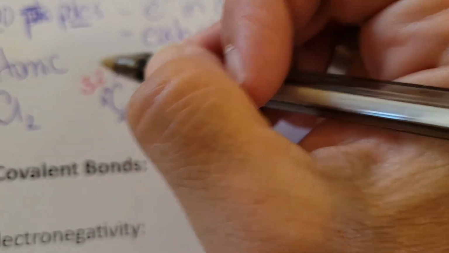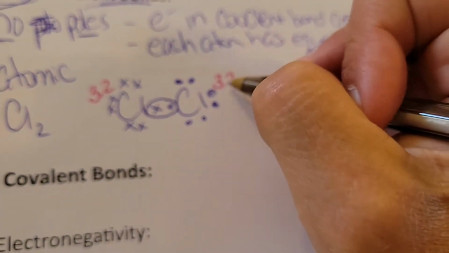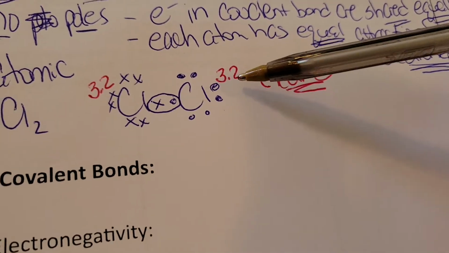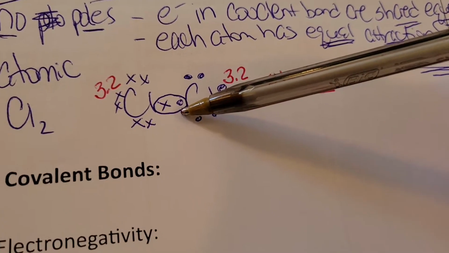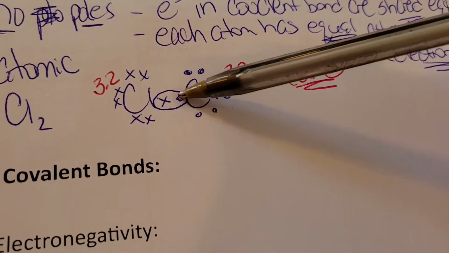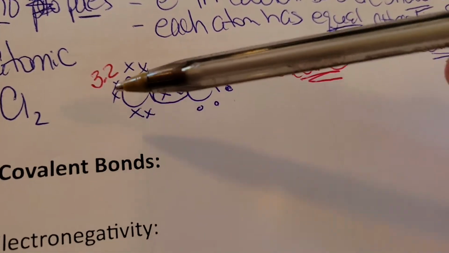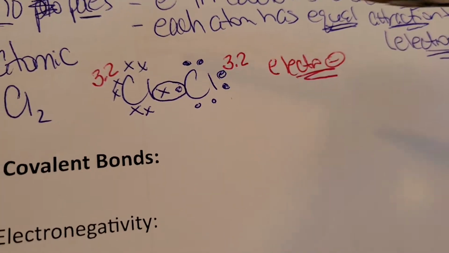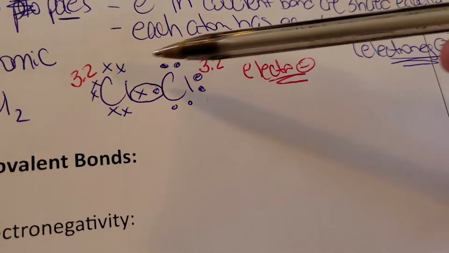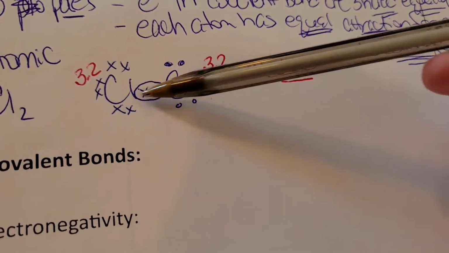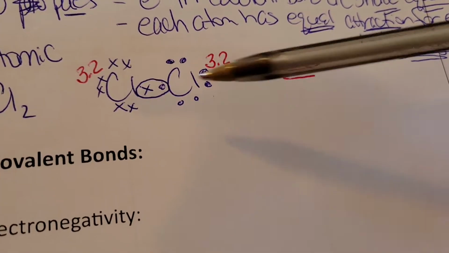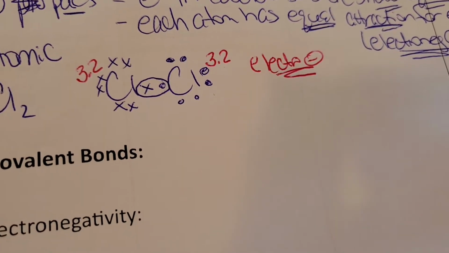So this end of the bond is 3.2 and this end of the bond is 3.2. That's how much they're attracting these electrons. There's a tug of war going on between these two, and the chlorines are pulling the electrons back and forth. But since they both have the same pull, they're shared equally, so we don't end up with any kind of positive or negative.